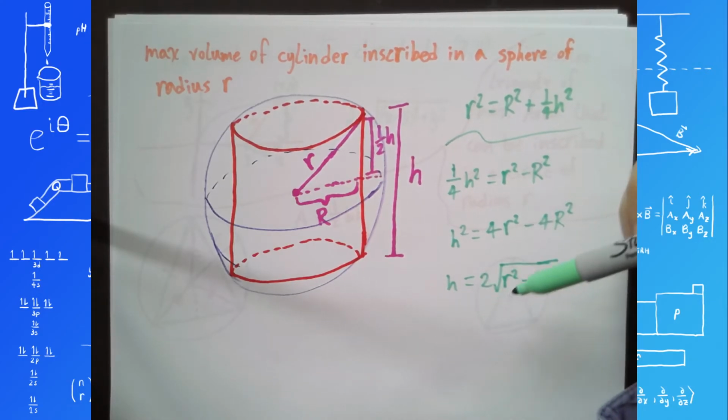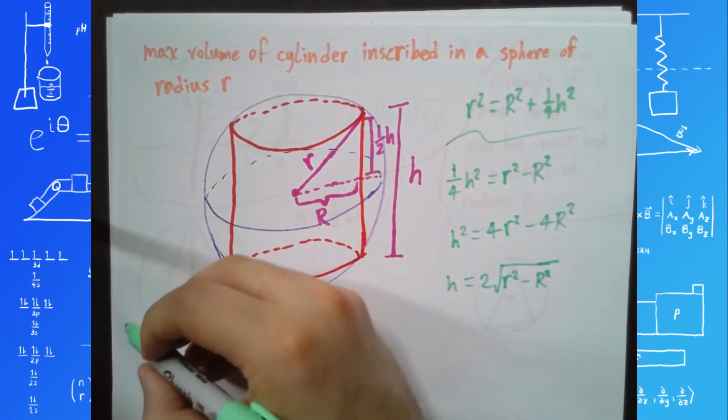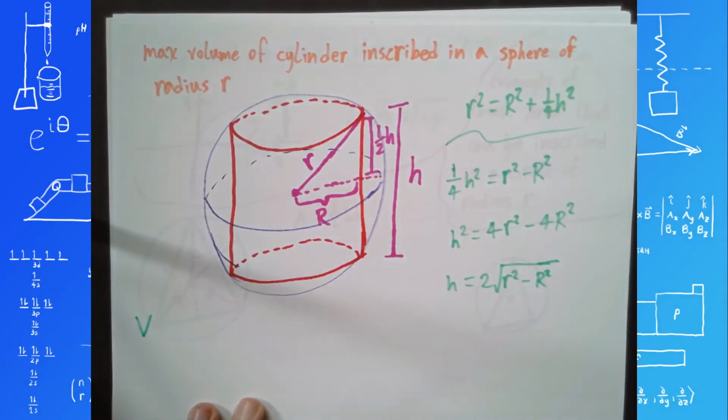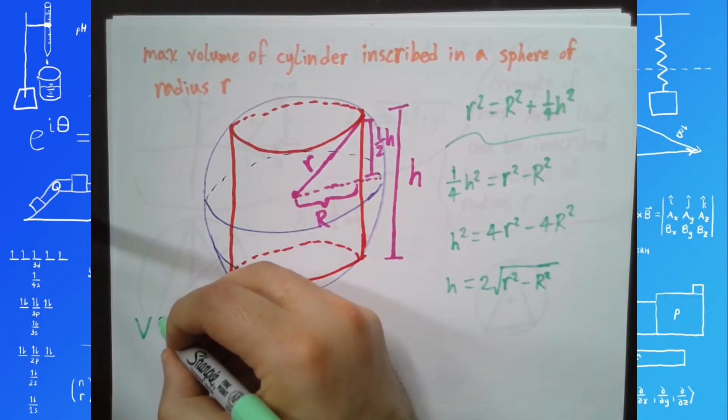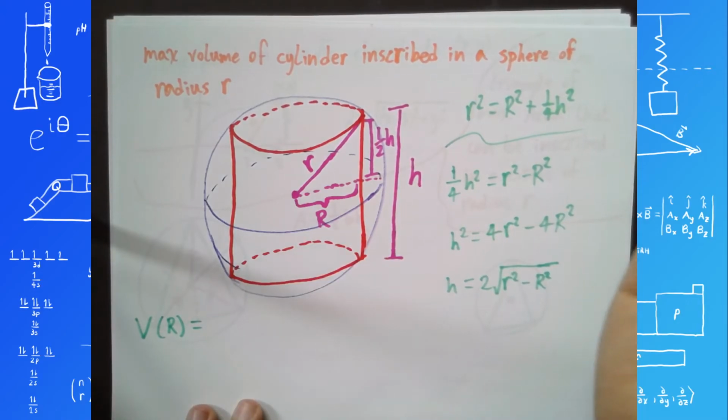Okay, so in that case we can go ahead and set up the volume formula. Volume of the cylinder as a function of big R is going to be what?